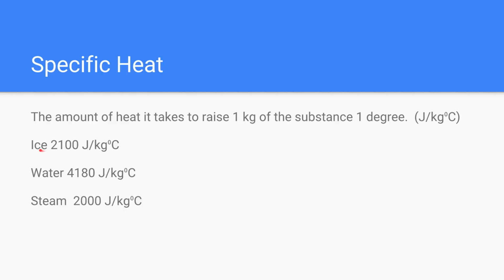For example, ice will take 2,100 joules per kilogram degrees Celsius to raise 1 kilogram 1 degree. Water has a specific heat of 4,180 joules per kilogram degrees Celsius, and steam has a specific heat of 2,000 joules per kilogram degrees Celsius.